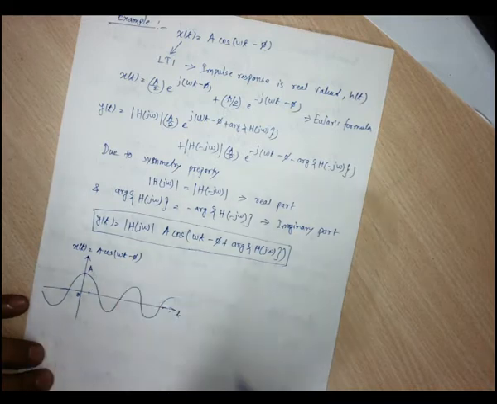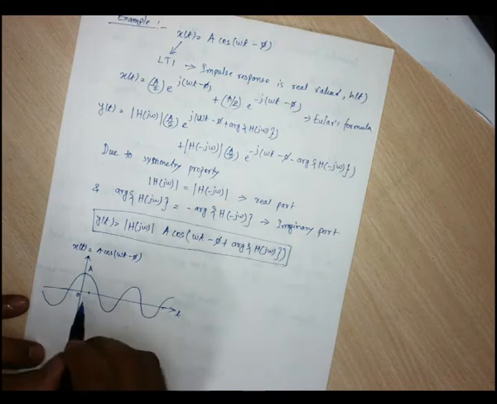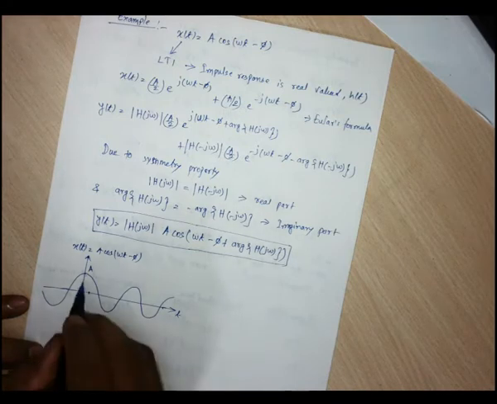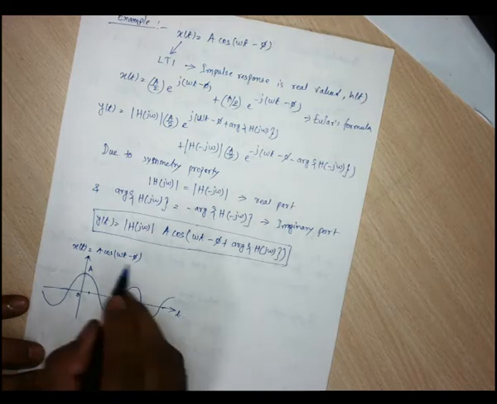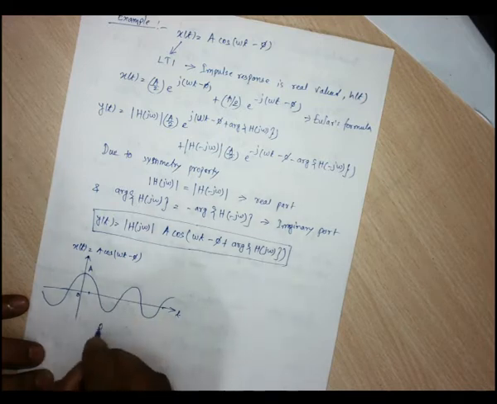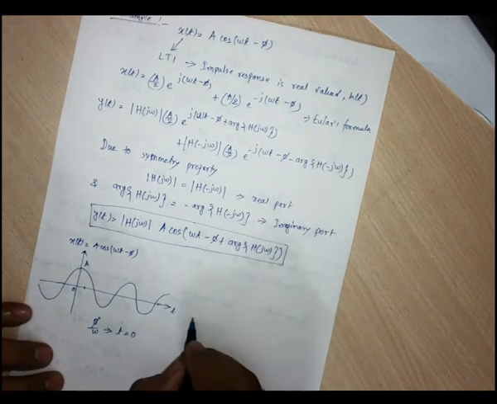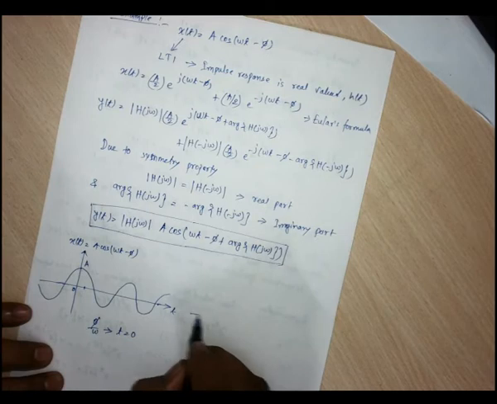So this will be phi by omega exactly at t equal to 0, right? So the phase part of this signal will be phi by omega at t equals 0, right?